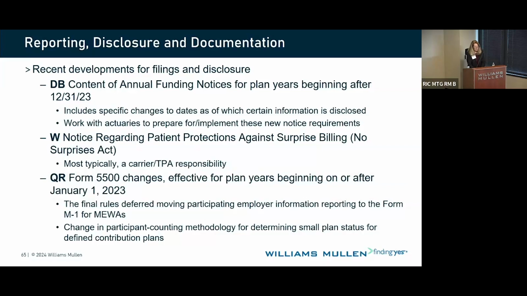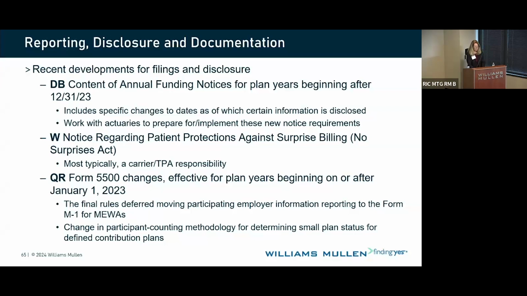Annual funding notices for plan years beginning after the end of 2023. This is for DB plans. There just have been some changes to the annual funding notices. The No Surprises Act, surprise billing. Generally, that's going to be a carrier or TPA responsibility, but if you have any questions, please reach out to us or reach out to Bryden.